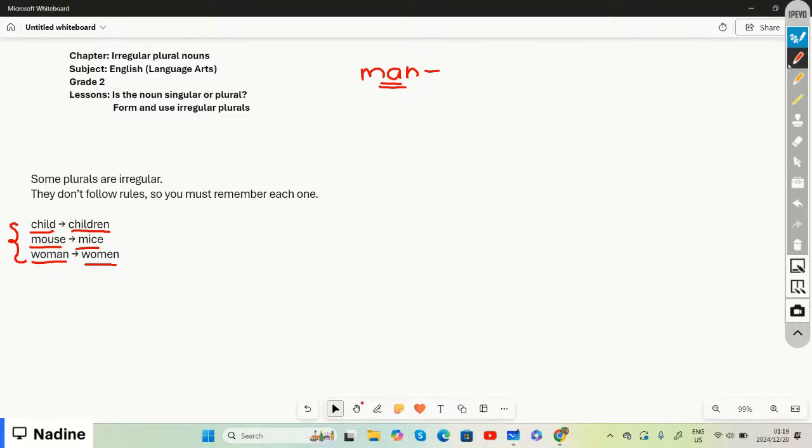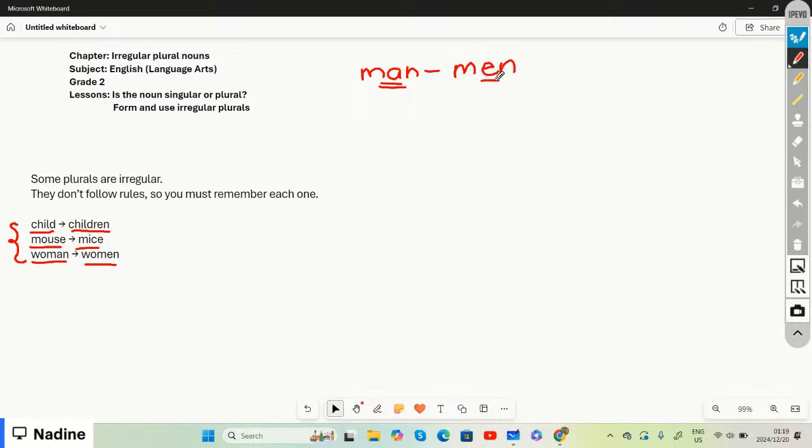Remember the wording changes, right? So the word that you're using over there is singular. We need to refer to it as plural. So which means that if there's one man, and we want to show that there's more than one man, then we say it is men.